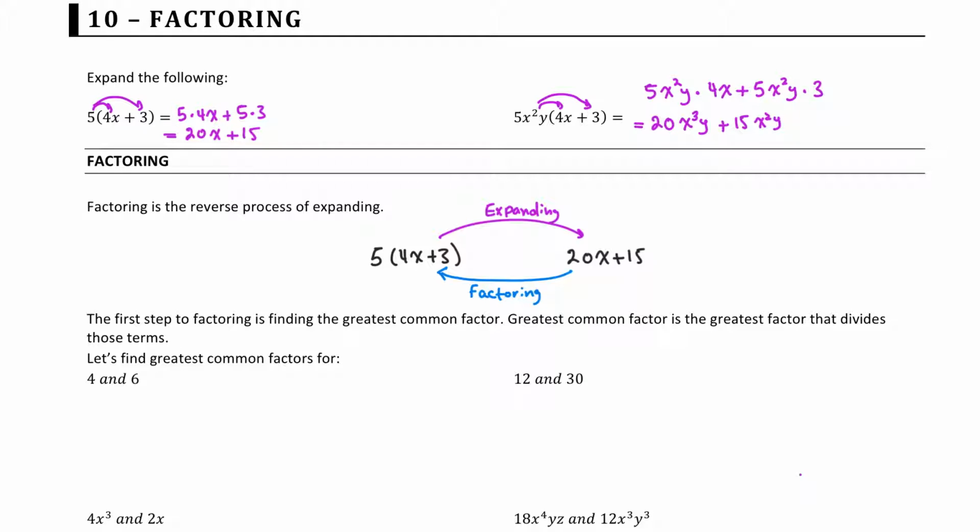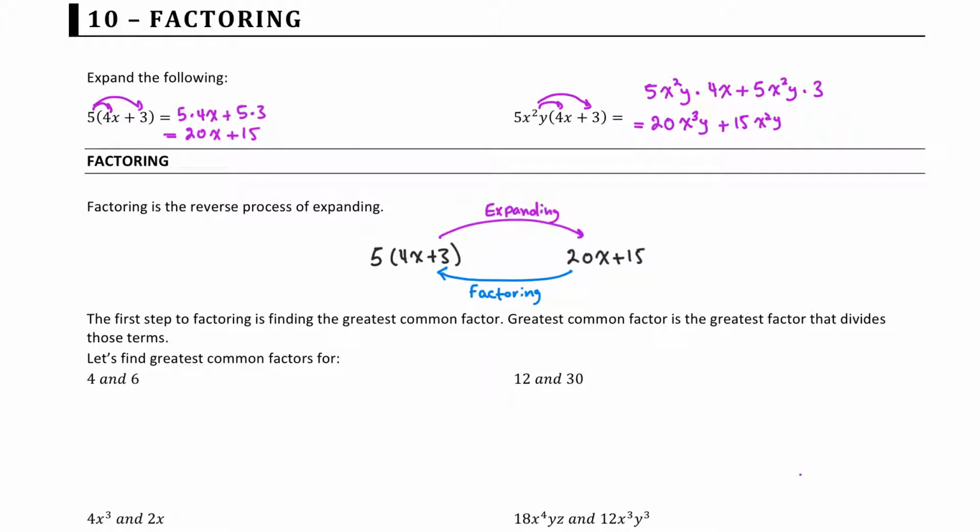So this whole procedure of expanding means to distribute something into the brackets, and by expanding we remove these brackets in our final answers. Now it is actually important to be able to do the exact opposite of expanding. Meaning if I have an expression like this or this, I should be able to bring it back to its factored form, which is 5 times 4x plus 3.